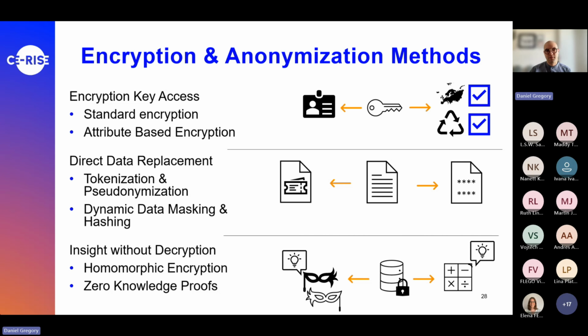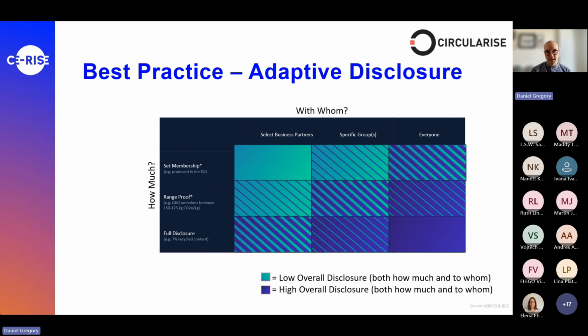In terms of best practice, once you've figured out how you want to share your data or encrypt it and have that selective disclosure, you want to then figure out how much you want to share with those different people. And here that depends a lot on how much you want to share and who you want to share it with.